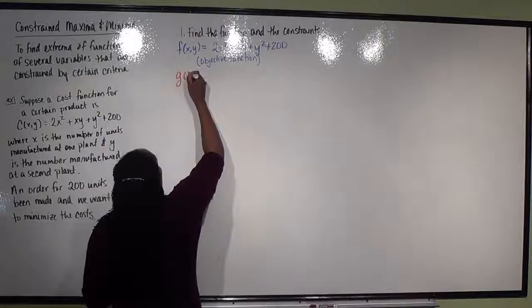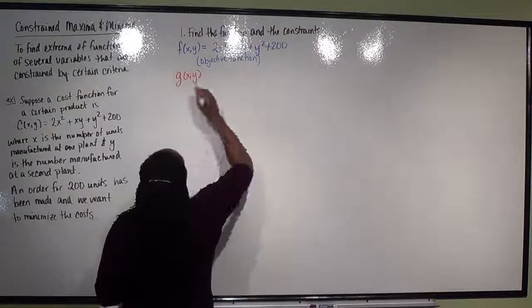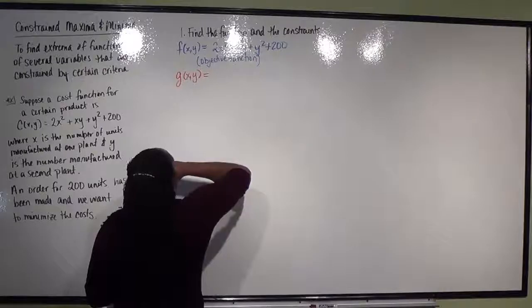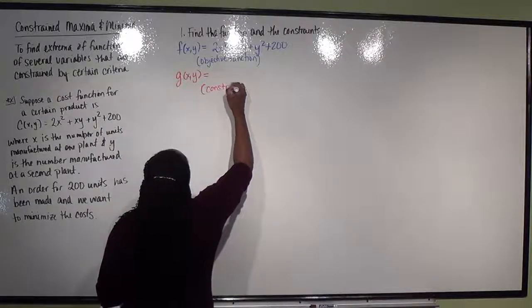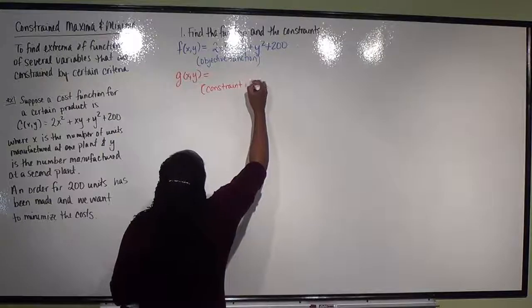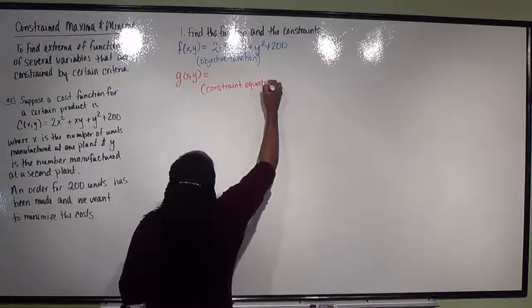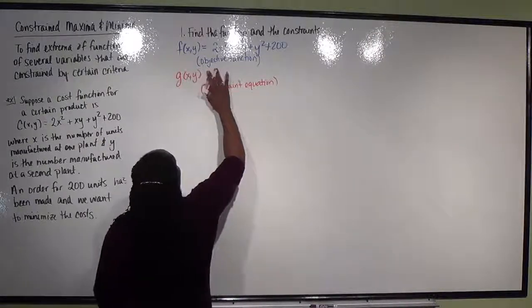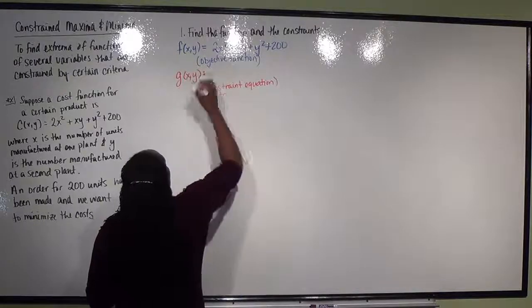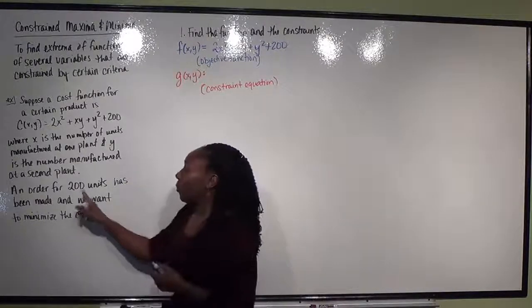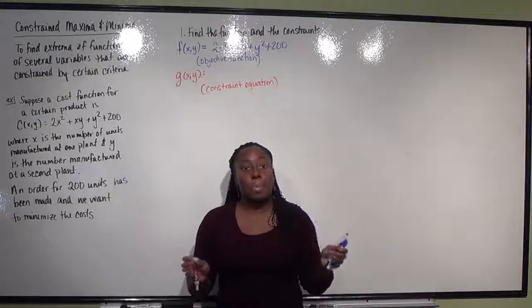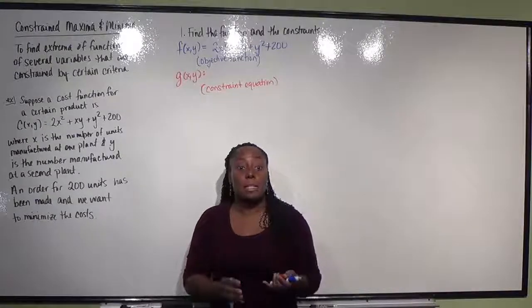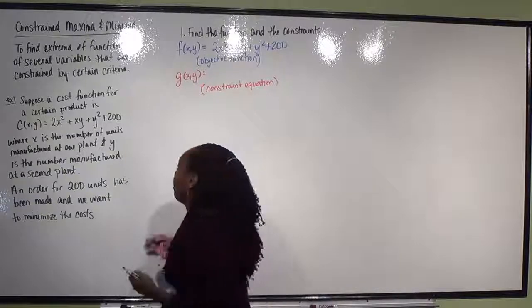I'm going to call g of xy. It's also going to be a function of my 2 variables, but this is what we're going to call our constraint equation. So g of xy in this case is the fact that we want to have 200 units made. And it doesn't matter which plant, but we know the sum of the 2 plants together have to give us the 200 units.